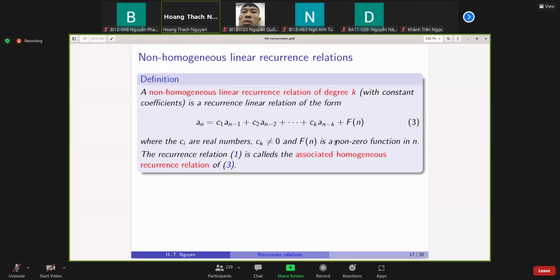Of course we assume that it is non-zero, because if it is zero, then we find ourselves in the previous case, and we have already treated that case. Okay? And here we also need the condition that the last coefficient ck is different from zero, because it determines the degree of the recurrence relation.